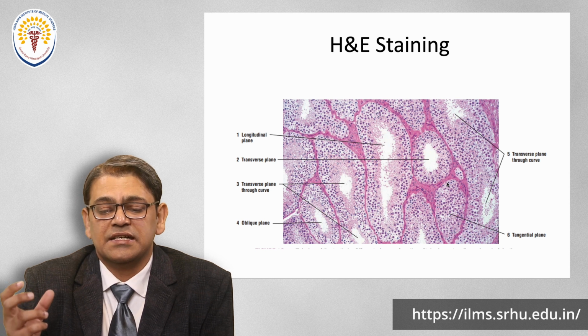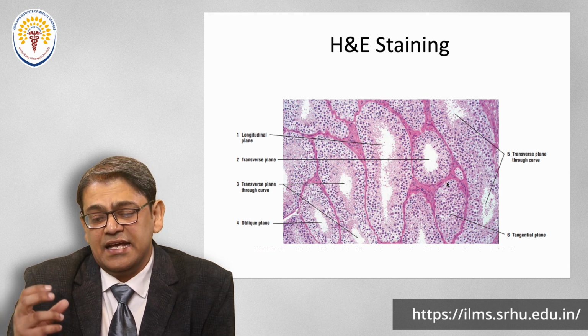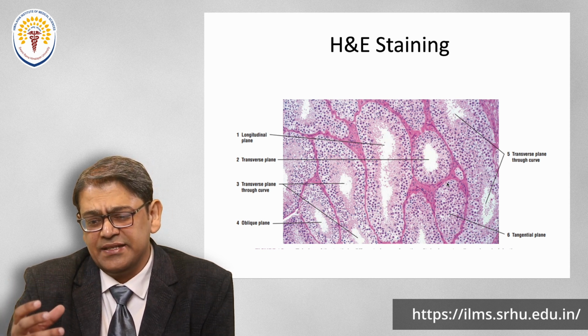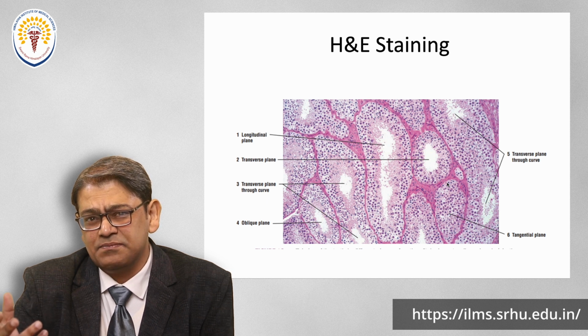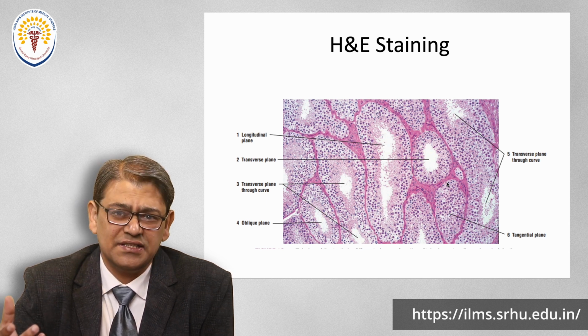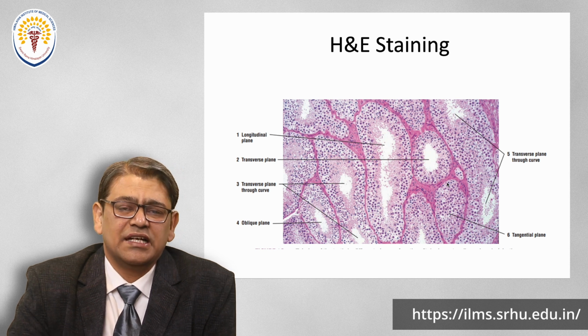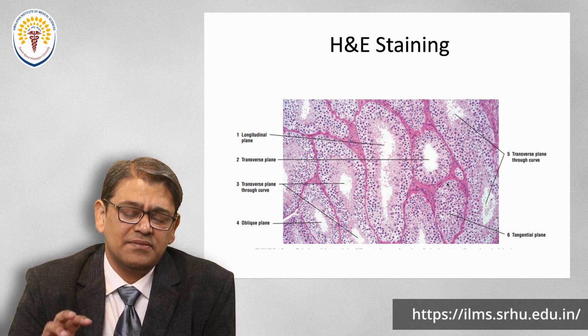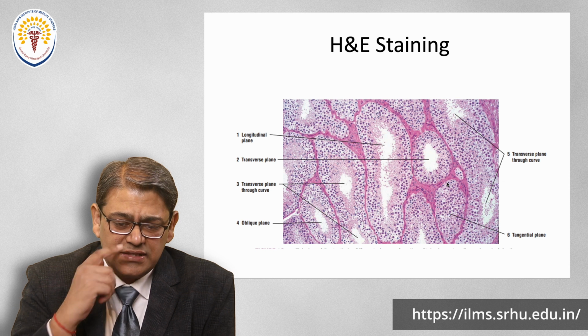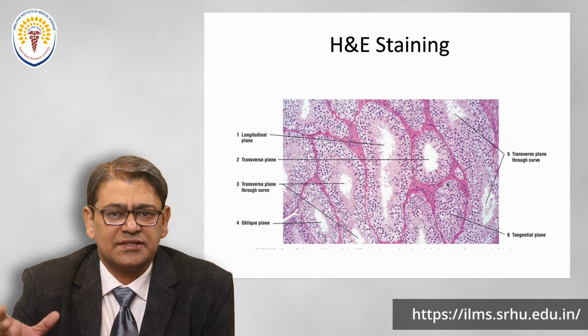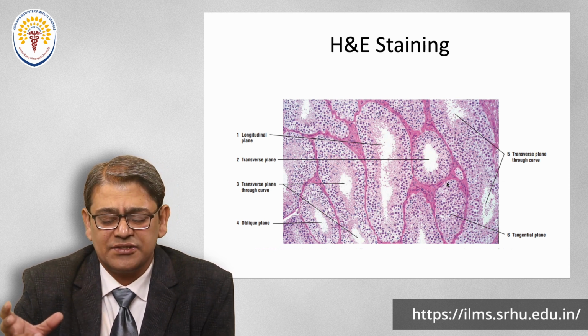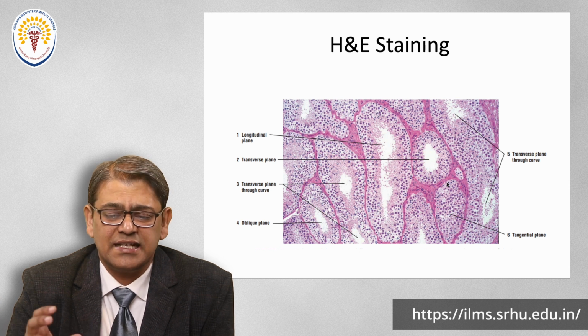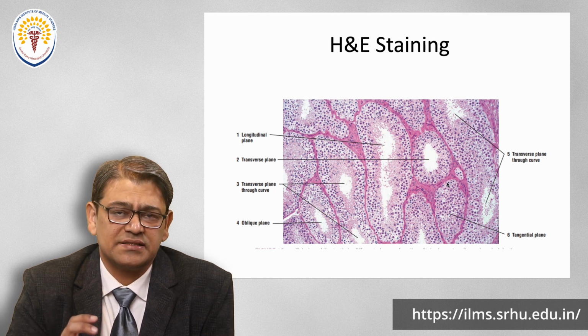That means it is a basic dye, and blue color is a basophilic structure. We always remember that a base is attached to an acid. So it is attached to the DNA structure, deoxyribose nucleic acid. So base and acid make one staining, and that appears as blue.